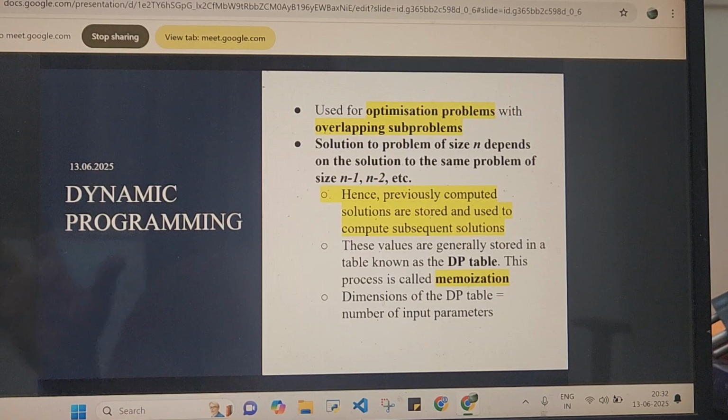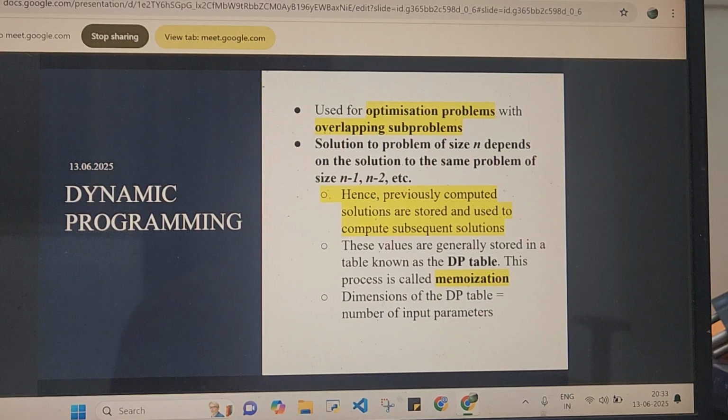Find the number of tables and the number of chairs they make, so that their profit is maximum or their expenditure is minimum. There, the profit or the expenditure can take different values depending upon how many chairs and how many tables they make. From those different values, you choose one particular configuration where the profit is maximized or the expenditure is minimized. That sort of problem is called an optimization problem.